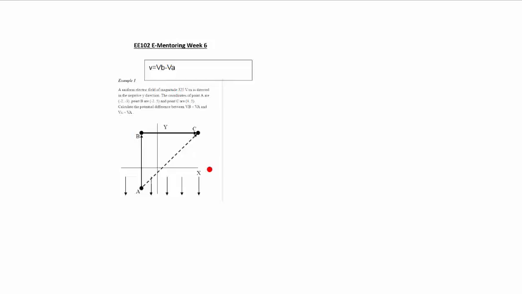Note that the distance, usually denoted S or D, is parallel to the electric field line. In that sense we can also say that change in V is equal to minus E D cos theta.